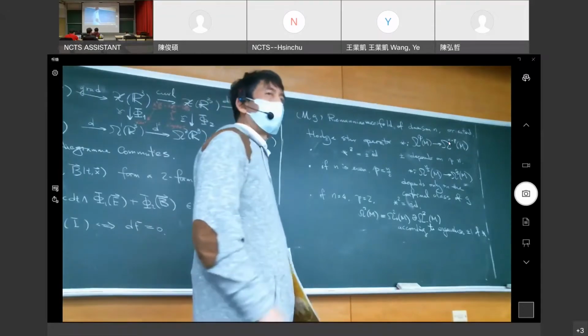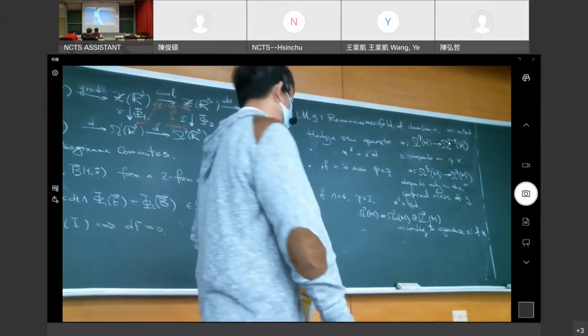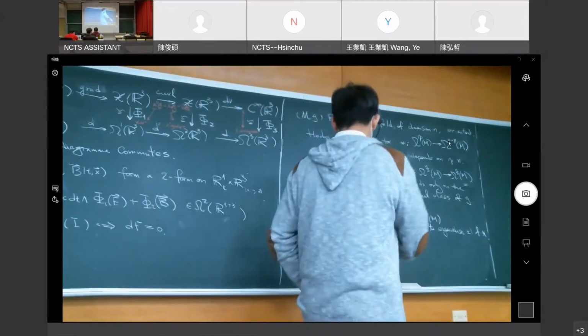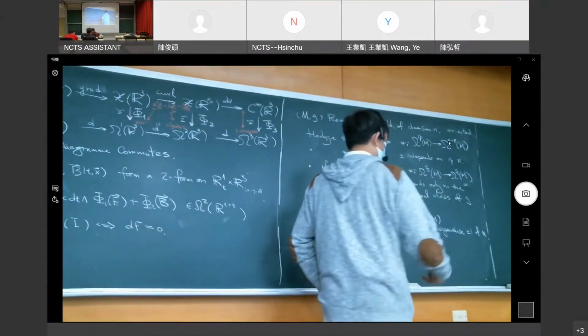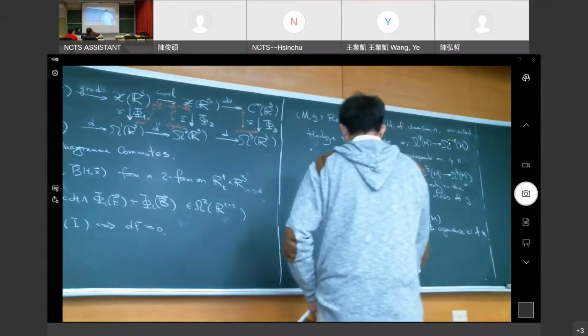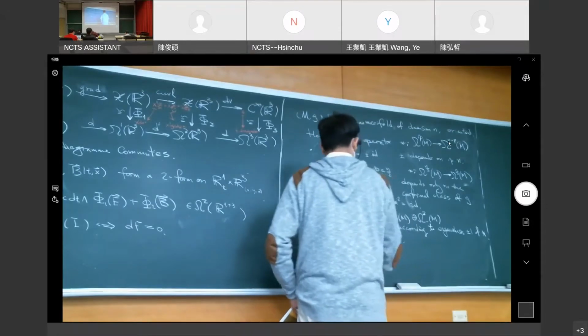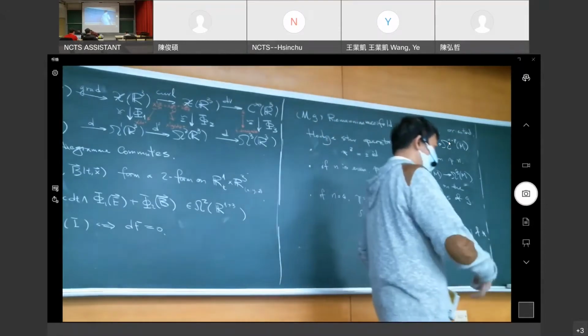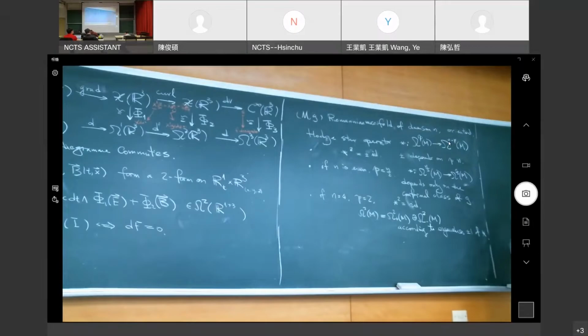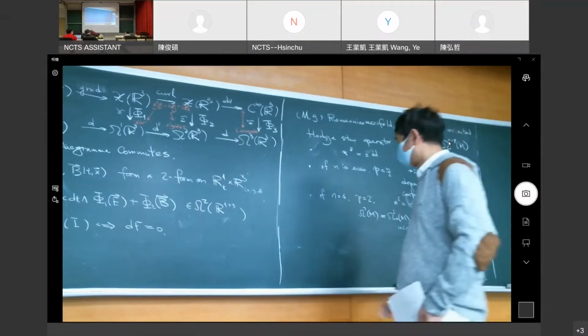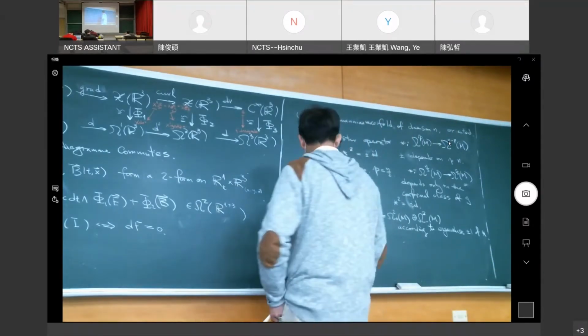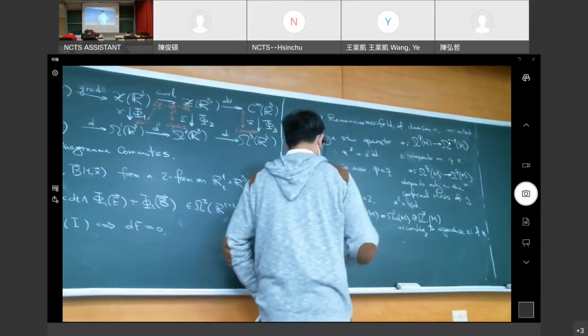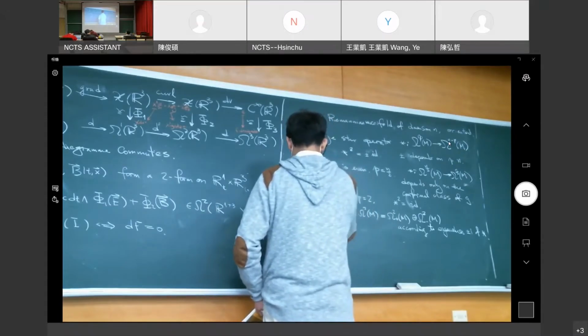So in this case, let me write down explicitly what the Hodge-Star is. Suppose we have coordinates, and we have written components of differential forms in the standard basis.